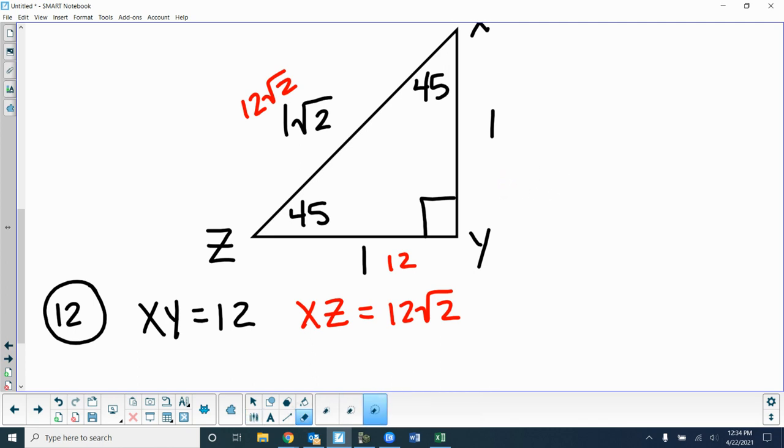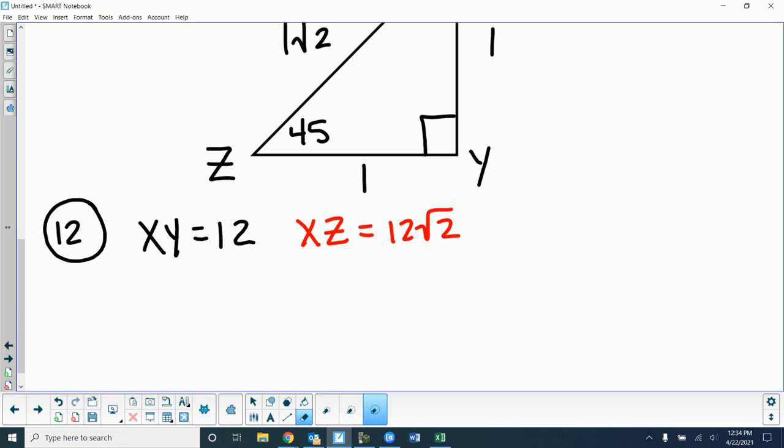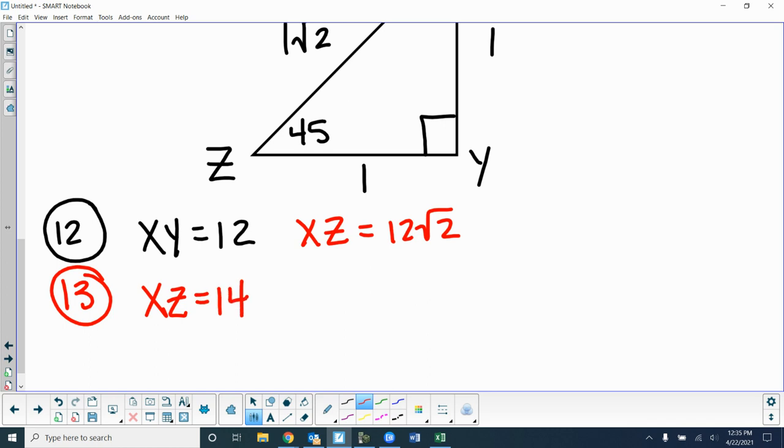All right, the next one. Number 13, I gave you XZ is 14. So now this is 14. So how do I go from here to get over there?